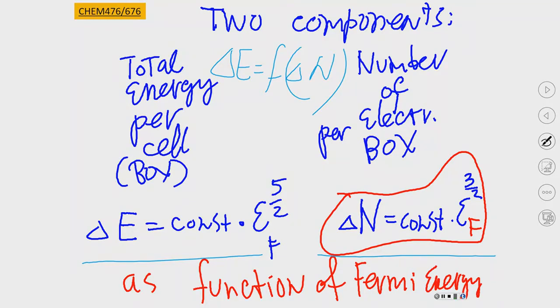So, right now energy is a function of Fermi energy, right? Can we take this red stuff and invert it? So if delta n is Fermi energy to the power 3/2, delta n is 3/2, which means square root to the power 3.